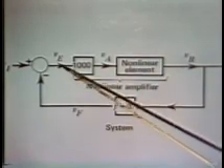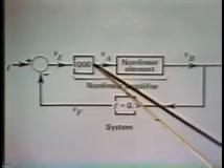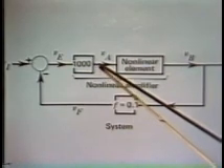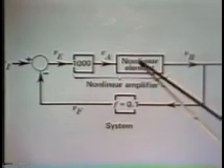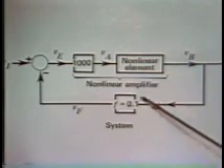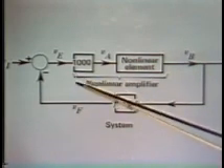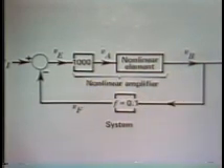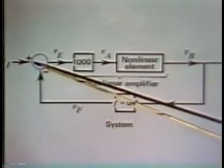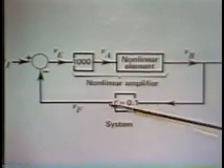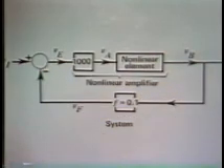We then, in the forward path, have an amplifier that provides a gain of 1,000, let's say, and then a nonlinear element. And that completes the forward path. So here we have a nonlinear amplifier in a forward path and a linear feedback element.